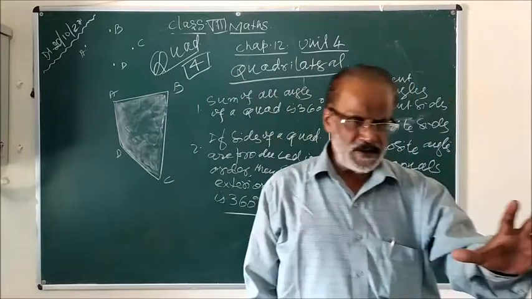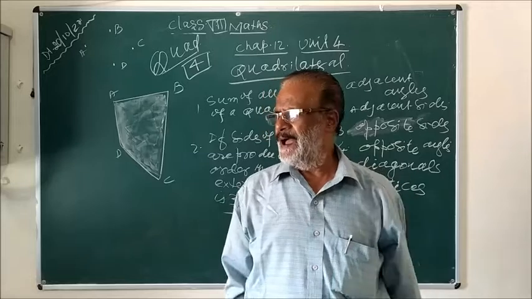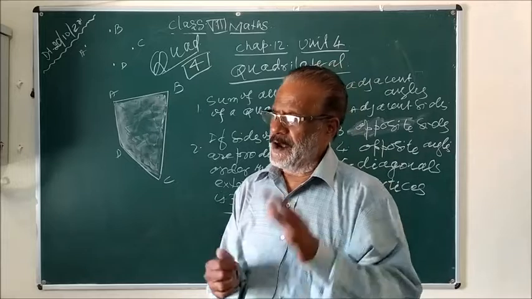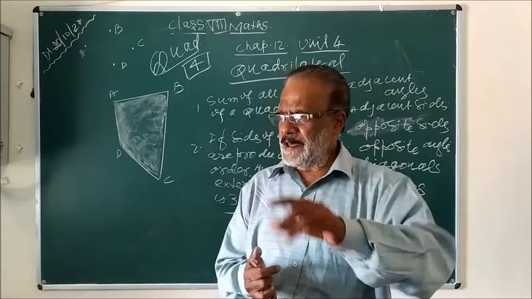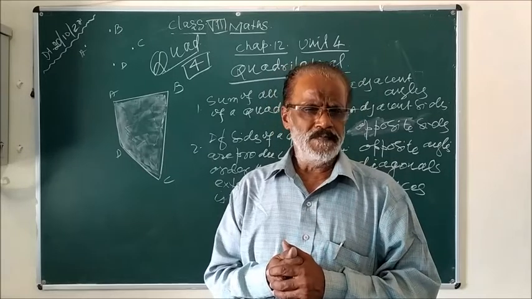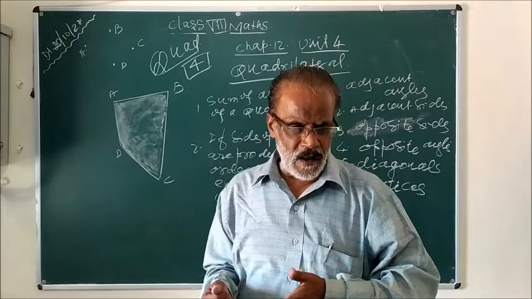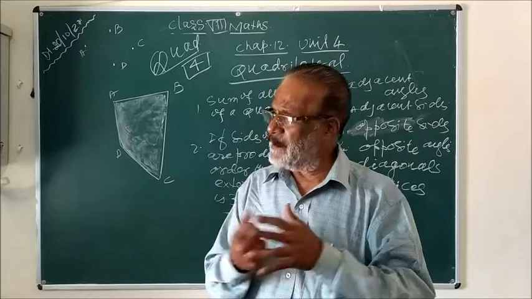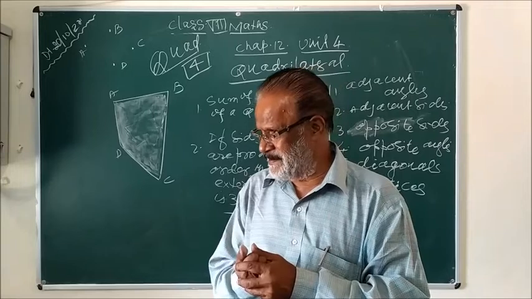If we join the points and we get a straight line, the points are called collinear points. In other words, the points which are lying in a straight line are called collinear, and non-collinear is just the opposite.